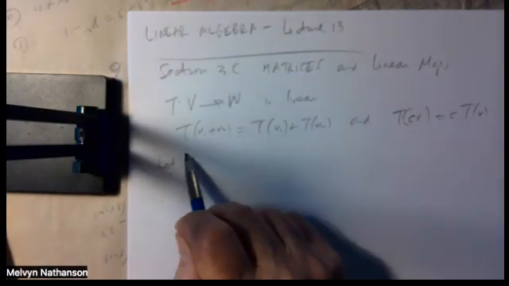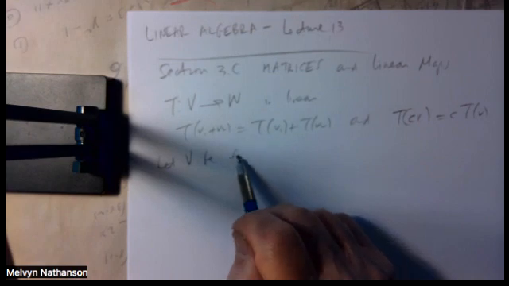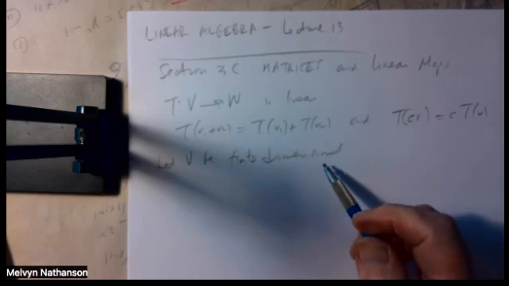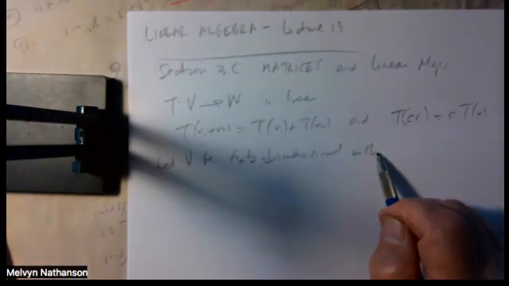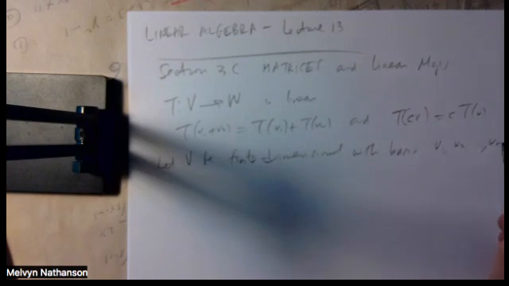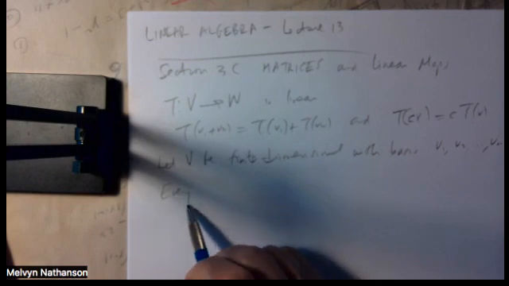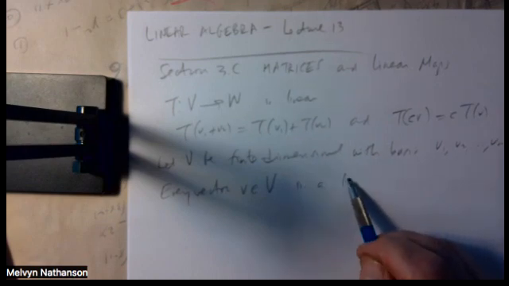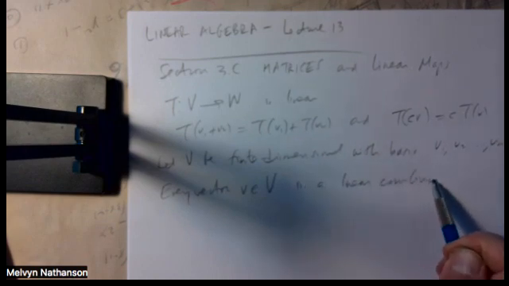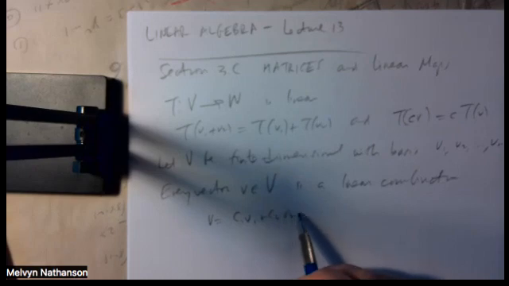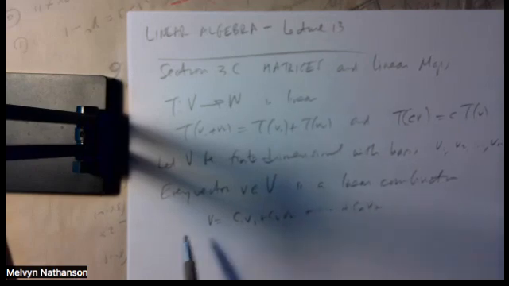So suppose that V is finite dimensional. That means it has a finite number of elements in the basis. And the basis is the ordered sequence V1, V2 up to V sub n. So every vector V in the vector space V is a linear combination of the basis vectors, C1 V1 plus C2 V2 up to Cn Vn.